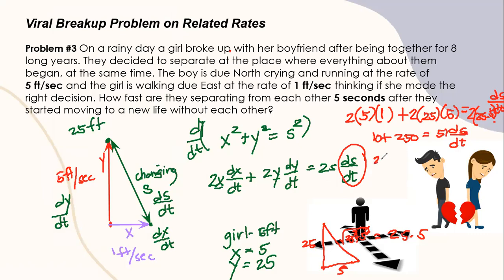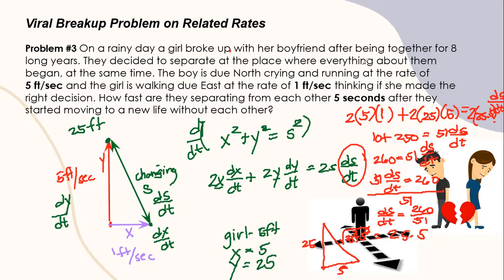Okay, so simplify: 260 is equal to 51 ds over dt. So multiply both sides by 51. Okay, so pagpalitin ko lang. So 51 ds over dt is equal to 260 para mas madaling makita natin si variable. Divide both sides by 51. So we get ds over dt which is equal to 260 over 51.